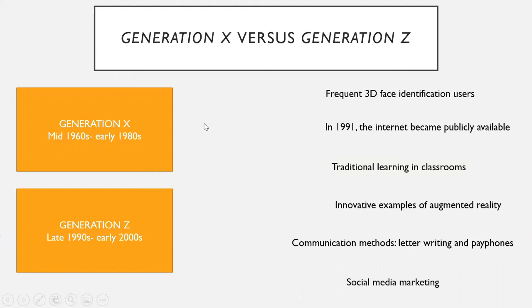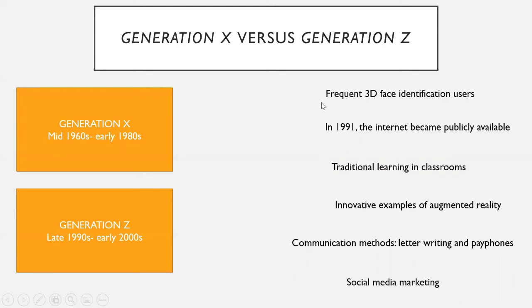For this activity, what I want us to do is that I have given you a list of characteristics that relate to either Generation X or Generation Z, okay? So we'll go through all of them at the same time, and what I want us to do is to match the characteristic with the relevant generation, okay? I want you to match each phrase.